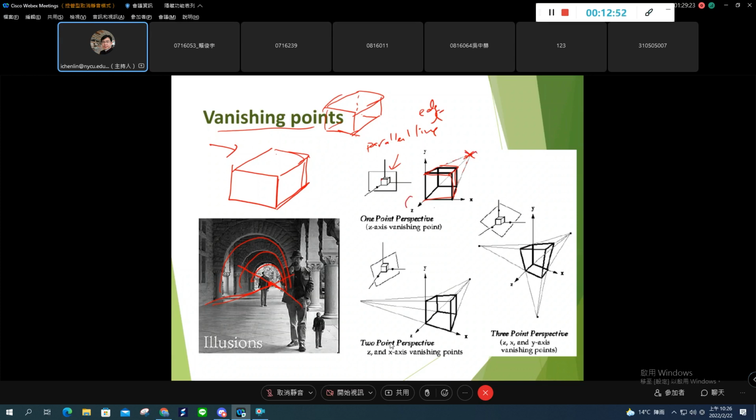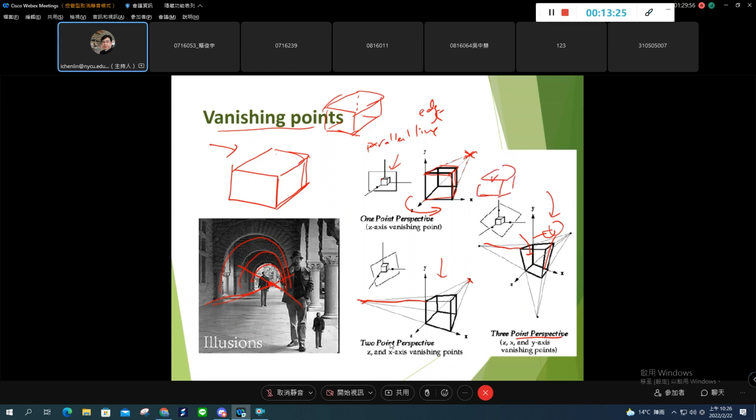And when we rotate the box, we can construct two vanishing points here, and if we further tilt our box, we can get, for instance, as with this library, if our camera sees it this way, three vanishing points, because for a box we have three sets of parallel lines.